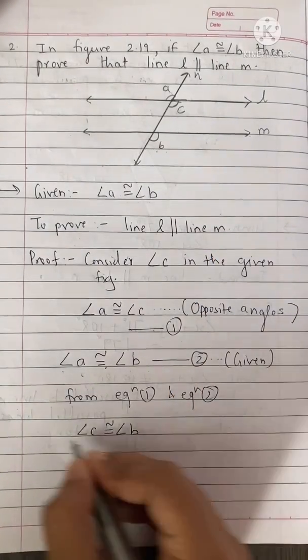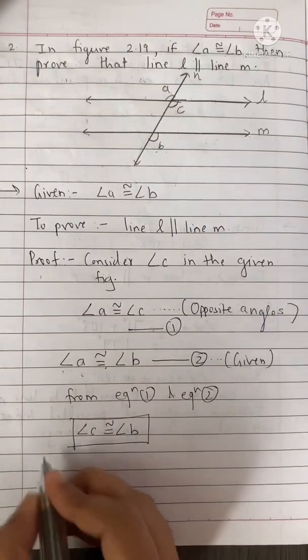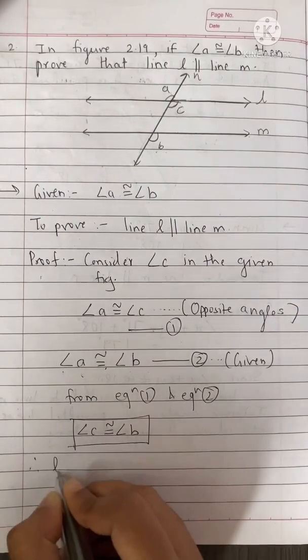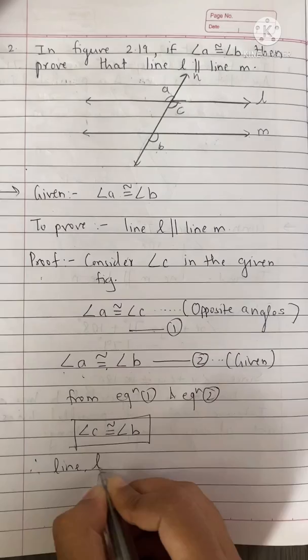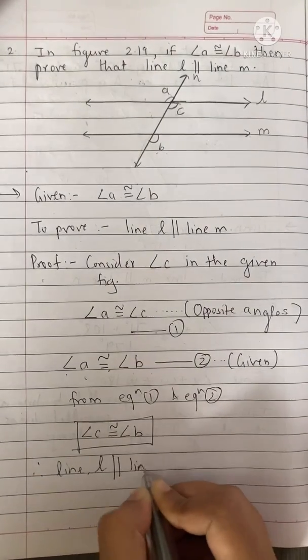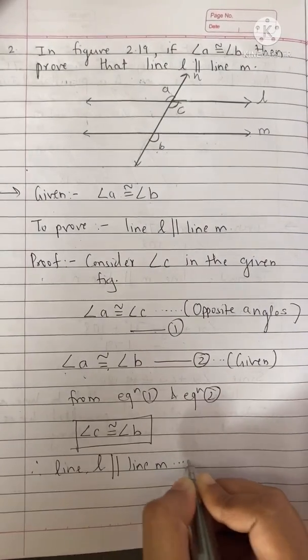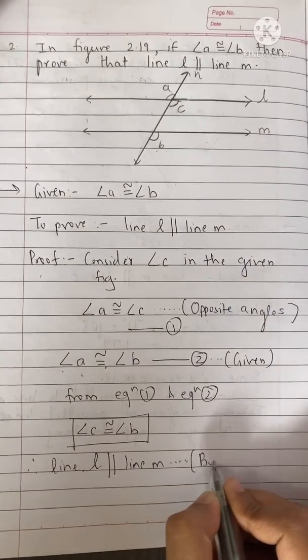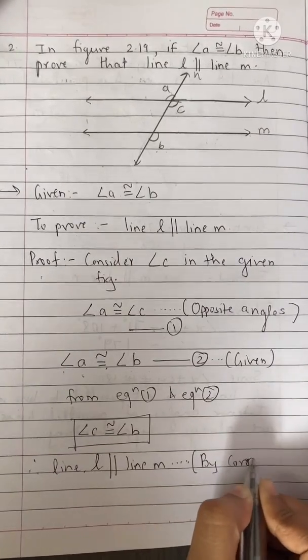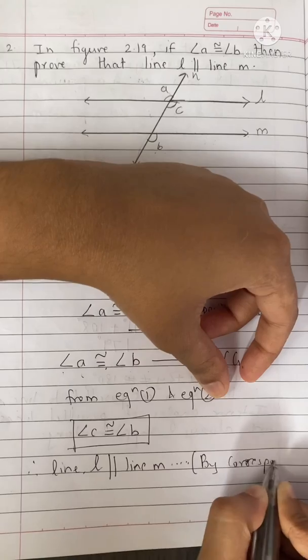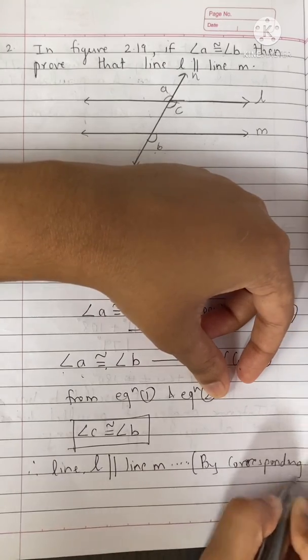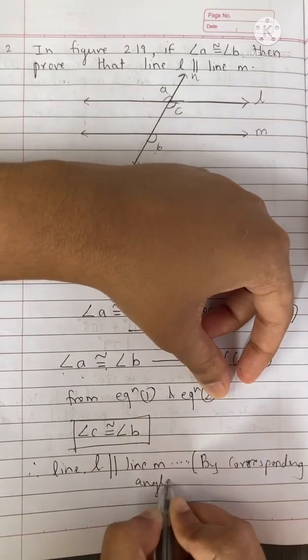So from this final statement, can we prove, therefore, line L is parallel to line M? How? By corresponding angle test.